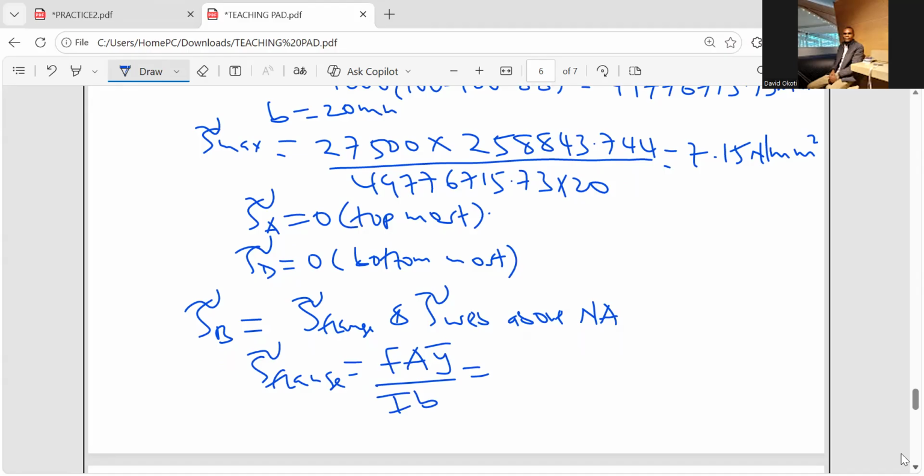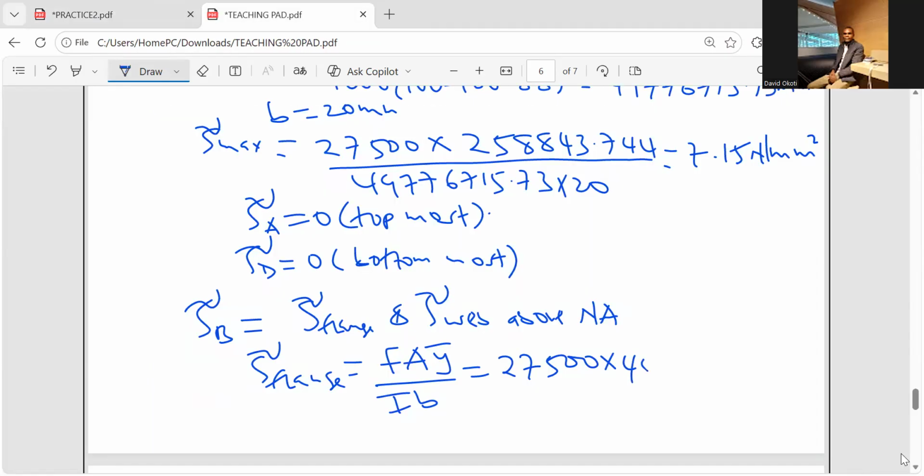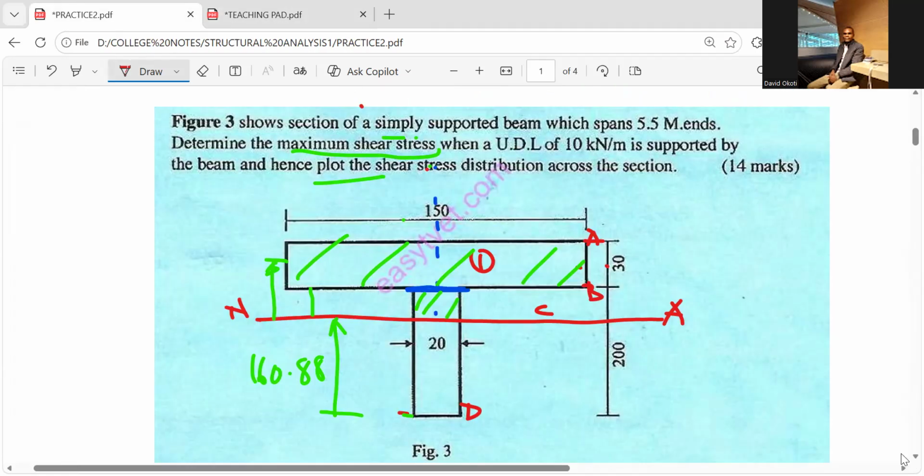Now let's proceed. The shear force remains the same. Remember, we converted to Newton, 27,500 times. Now let's move. Area of flange, we know it is 150 times 30, 4,500. Then Y bar is a distance from neutral axis to the center of flange.